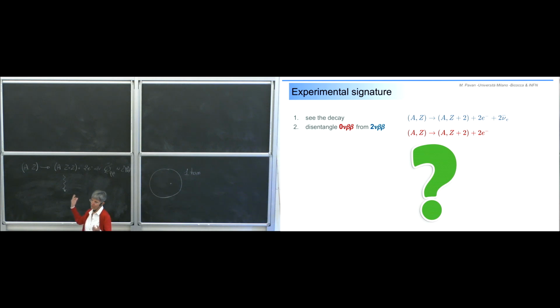Well, let's consider a solid with average density 3, 4, something like that. It's millimeters. So here I have 1 ton of material, and how can I detect these two electrons that do not come out from the source?